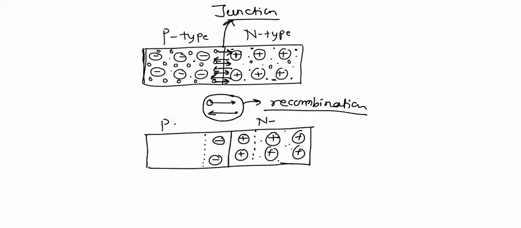In the rest of the material, charge carriers are available, but in this particular region, which is called the depletion layer, there are no free charge carriers, and as it is depleted of charge carriers, it is called the depletion layer.